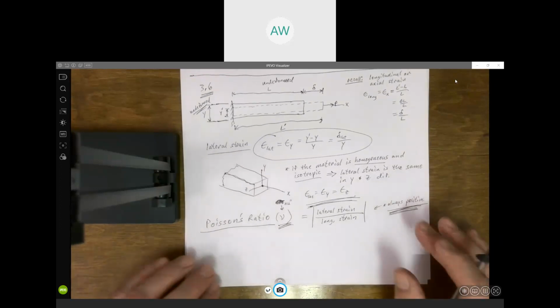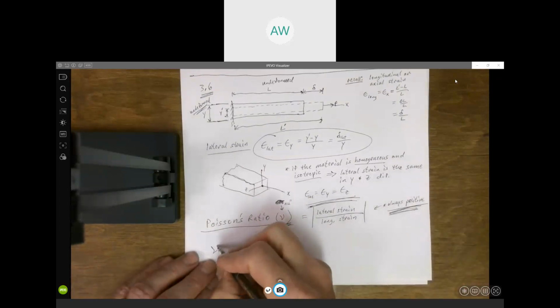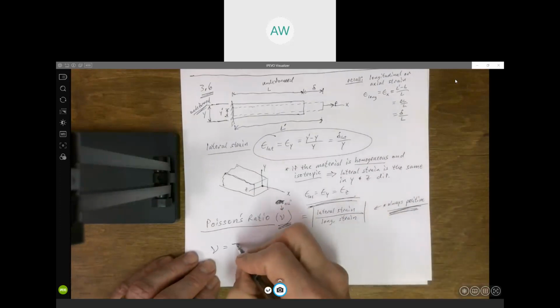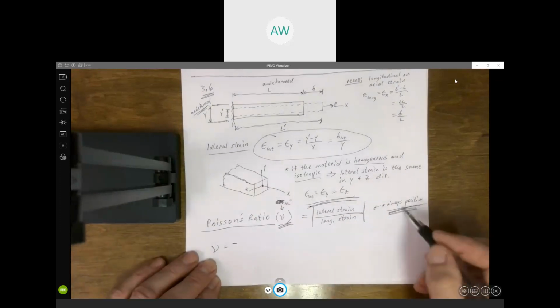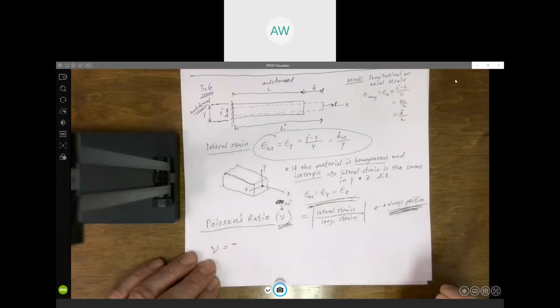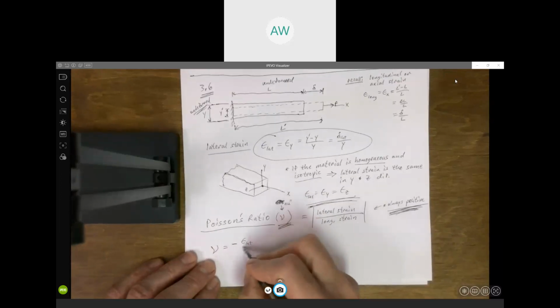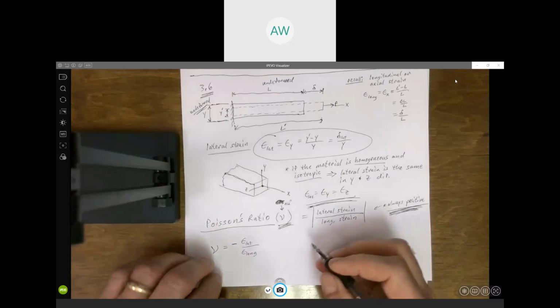Now, if you write this out as a formula, nu, Poisson's ratio, we take care of always being positive by putting a negative in front of it. It's the lateral strain over the longitudinal strain.